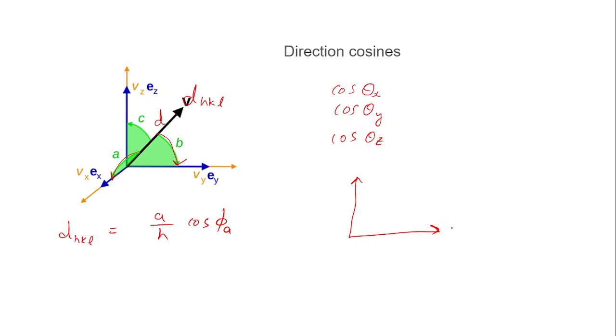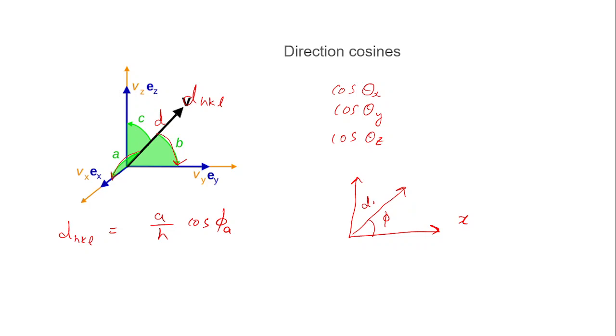Say this is my x-axis, this is any other axis, and this is my main vector, and it's making some angle, say phi. Then I have to find out this relation, right?